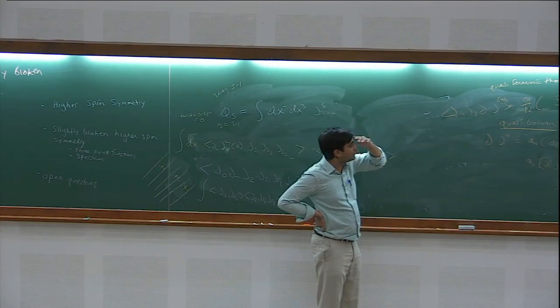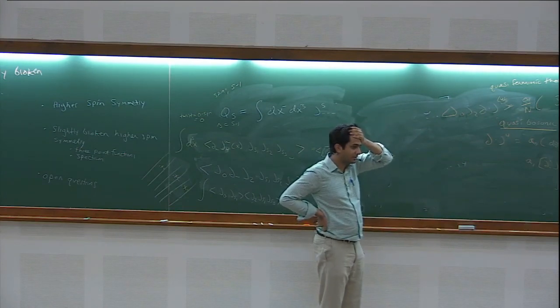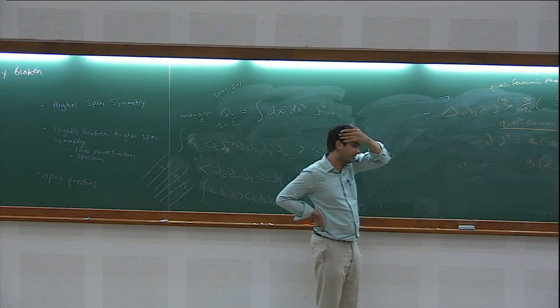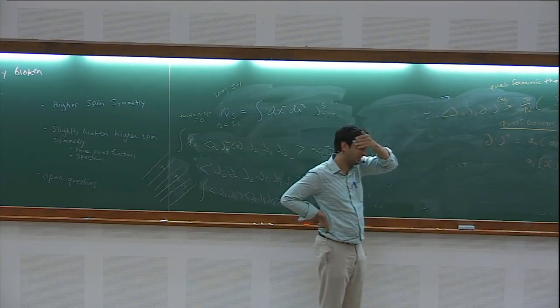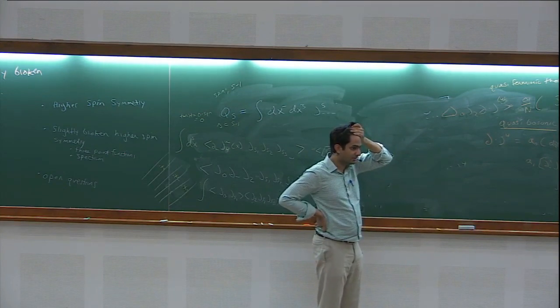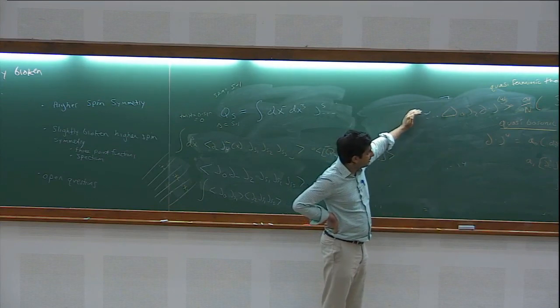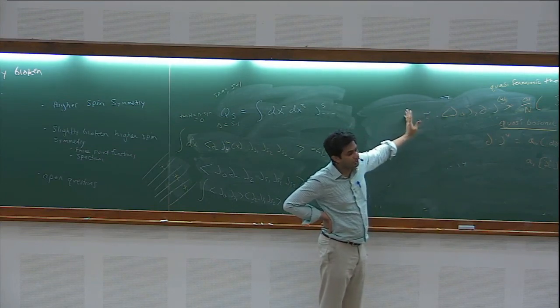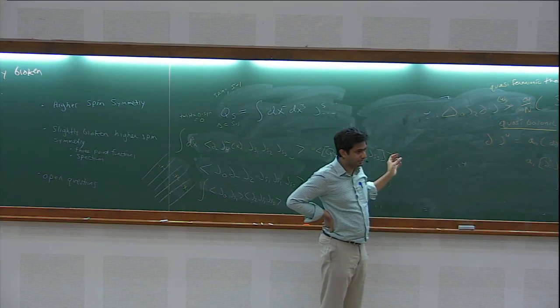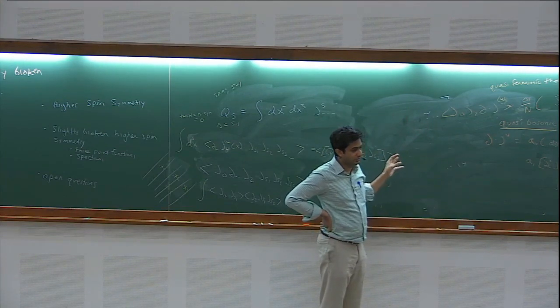Okay, so I'm tempted to think that the slightly broken case will only work in odd dimensions. So effectively, it may be possible that there is no slightly broken higher spin symmetry in 4 dimensions. I mean, of course, the setup stops supersymmetry from the beginning because you have just one stress tensor when the theory is non-interacting.